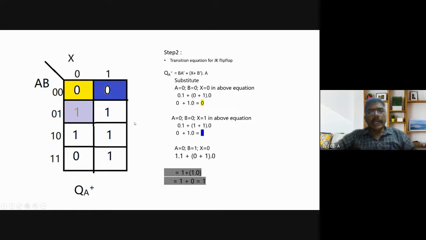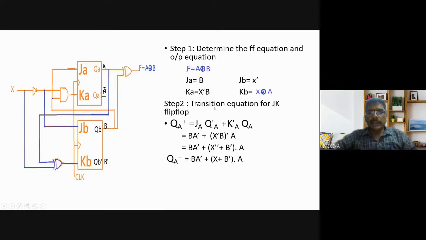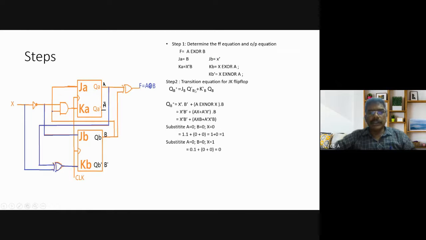The next step is qb plus. Because we are using two flip flops, one is the a flip flop, for which we got qa plus. This is for the b flip flop, so qb plus. Here we obtain the value of qb plus.